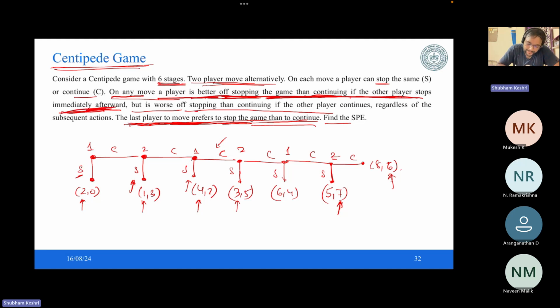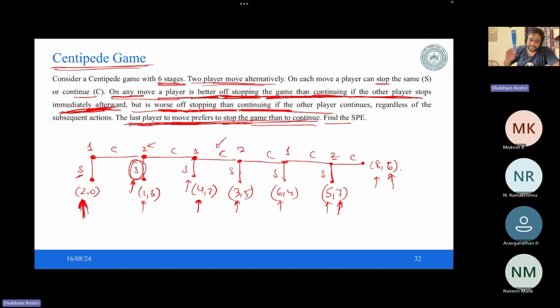The second line is that stopping will be worse if the game continues. At any point, if player 1 stops and the game continues, the utility is 2, and if the player continues, his utility will be more: 4, 3, 6, 5, 8. So if this stop doesn't occur, then he's worse off playing stop.